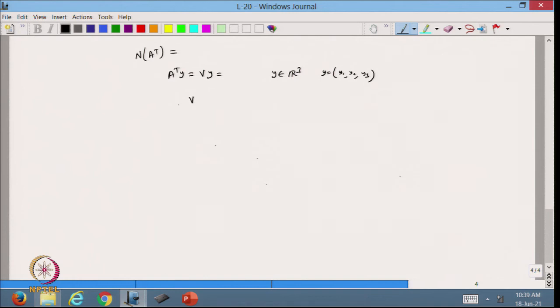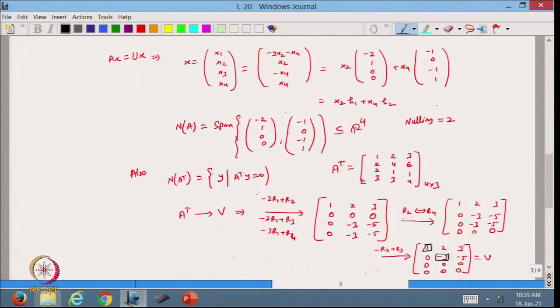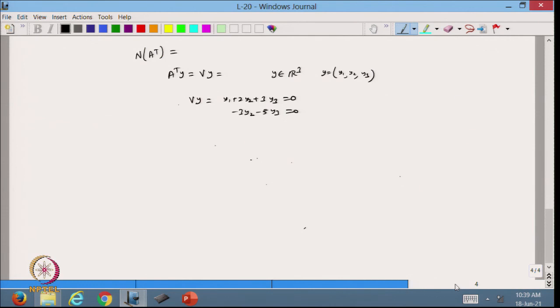So here V y becomes y1 plus 2 y2 plus 3 y3 equal to 0, and minus 3 y2 minus 5 y3 equal to 0, because I am multiplying by y.